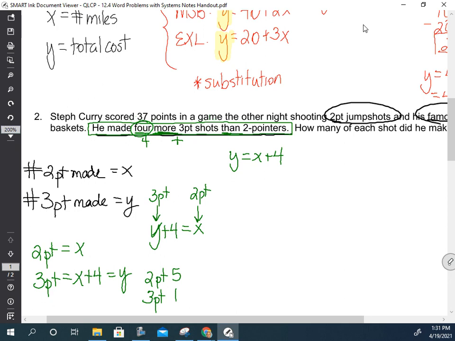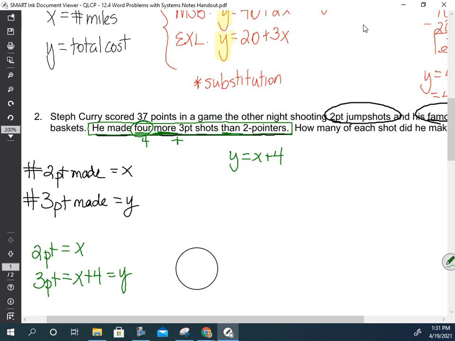If it doesn't match up, that should let you know, okay, I gotta do it the other way around.